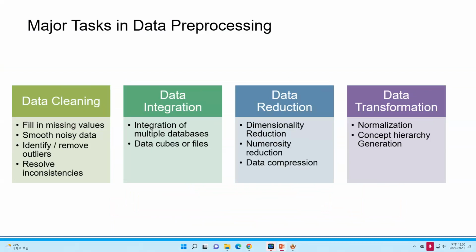Those four are the major tasks. We have data cleaning. Some tasks in data cleaning are filling in missing values, smoothing noisy data, identifying or removing outliers, and we can also resolve some inconsistencies.